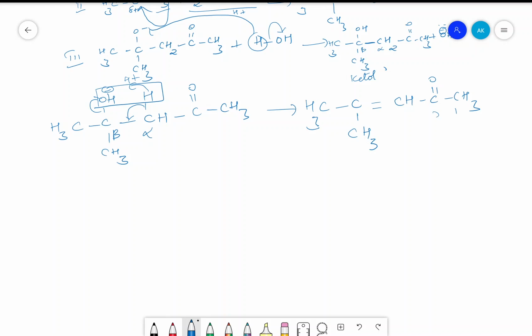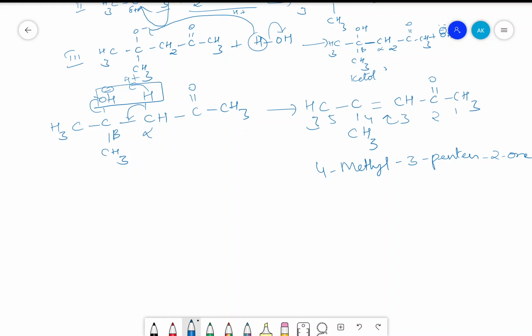If you try to number it, it is 1 2 3 4 5. At fourth position you have methyl, so 4 methyl. At third position you have a double bond, so 3 pent-en, not an because of the double bond. At second position you have one, so pentenone. So this is ketol condensation.